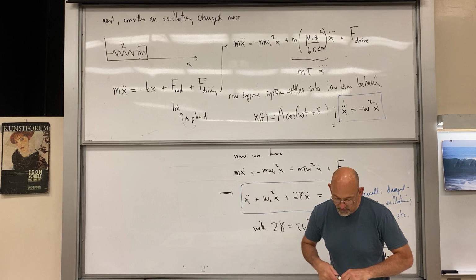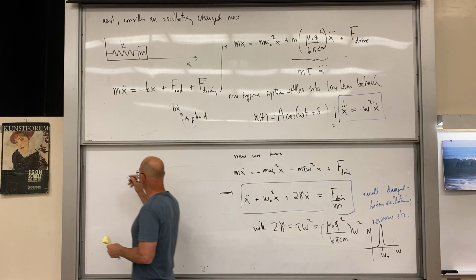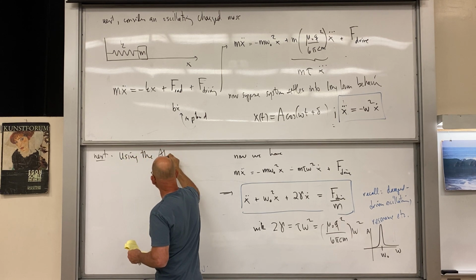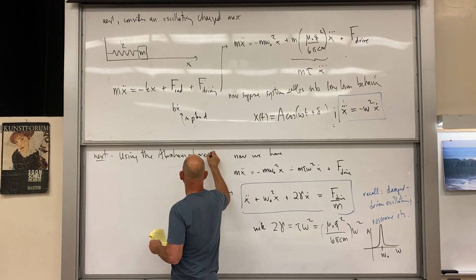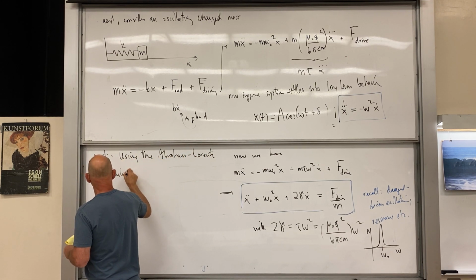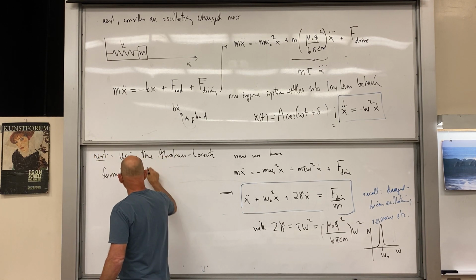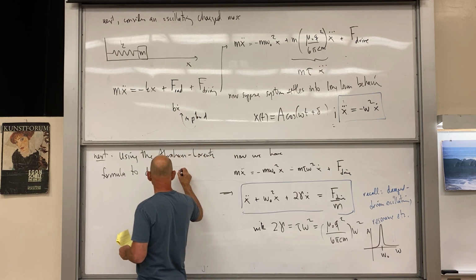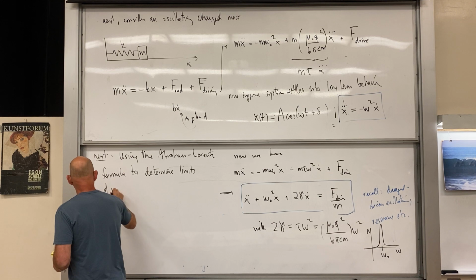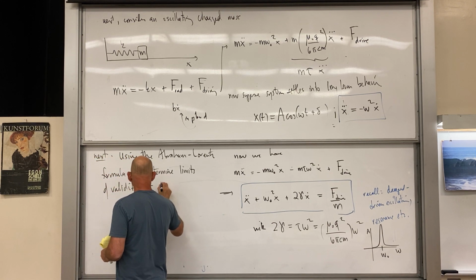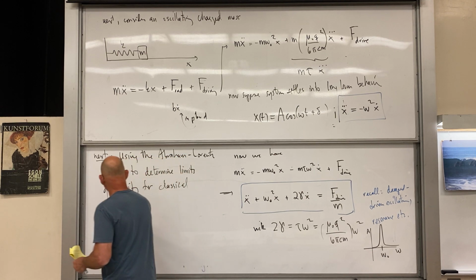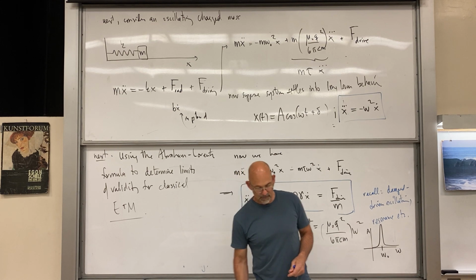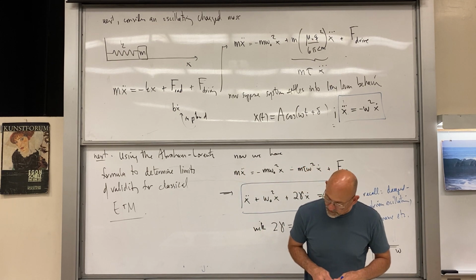So let me write that down: using the Abraham-Lorentz formula to determine the limits of validity for classical E and M. So that's our next topic. Let's see how we can tackle this.